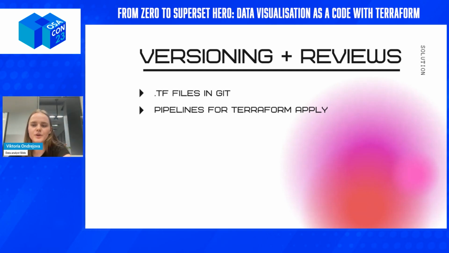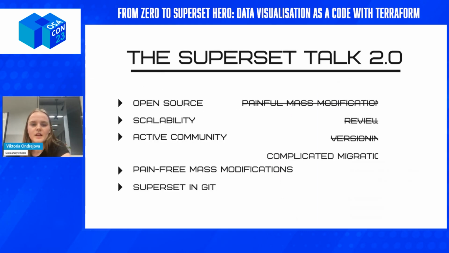That way we can request reviews by creating a pull request and easily see the file's history. We can also automate this even further by creating pipelines for the terraform apply command, which will be executed after a successful merge. Great, so that way our project solved another two problems we had, the reviews and the versioning.